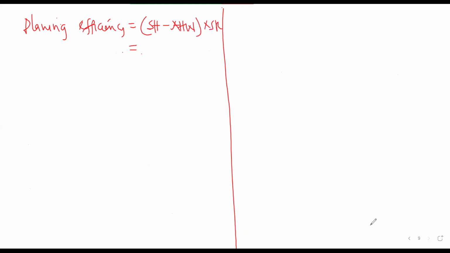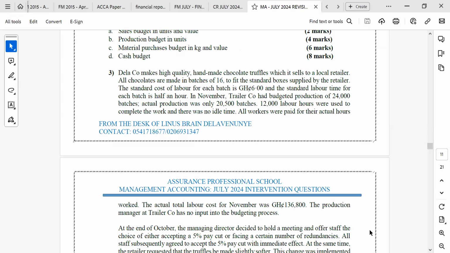But what is going to happen now is that we are going to be using our standard hours. How do we calculate our standard hours? Our standard hours will be the hour that we are saying that we are going to be using multiplied by what? The actual production.